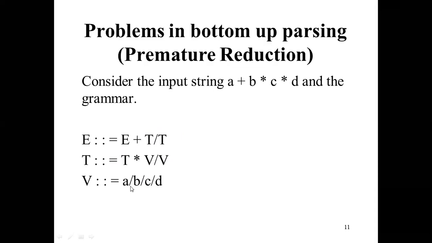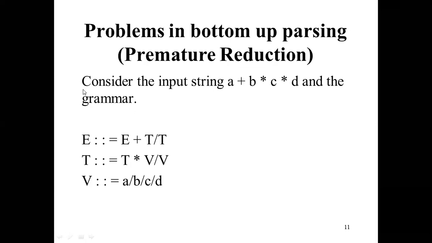We have a b c d, so we can choose any one because slash is given, so we have four options here. So we will replace as per our need. Now you can concentrate over this a plus b star c star d.